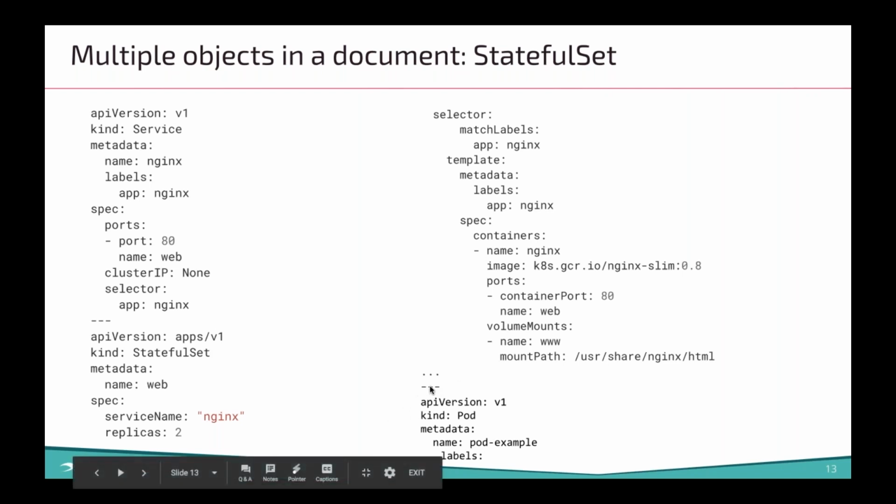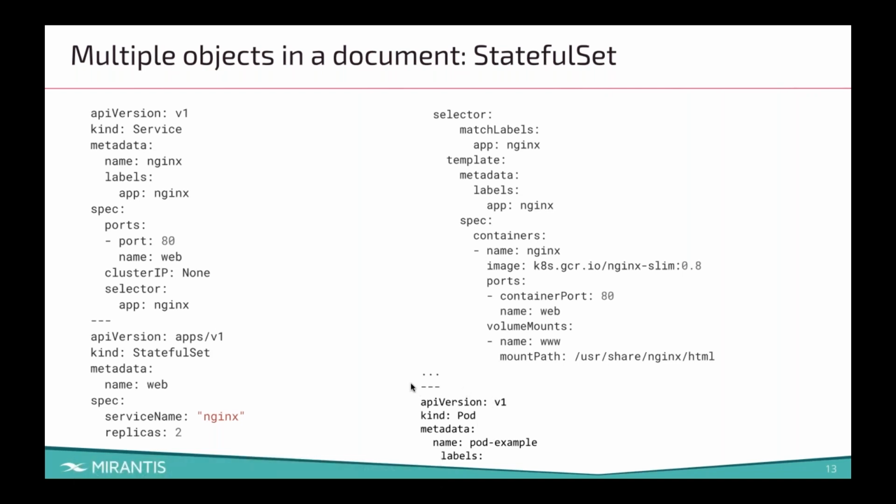And then after that, we've got 3 dashes to start up a new one. Now, these 3 dots are completely optional in most cases. When you have a file and you're sending that file to Kubernetes, it knows that you've ended the last one when you start the next one.